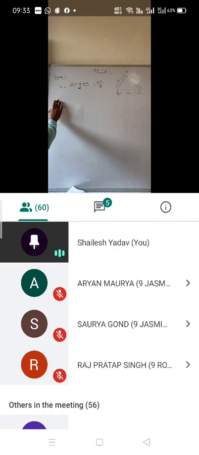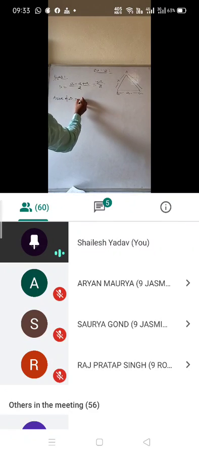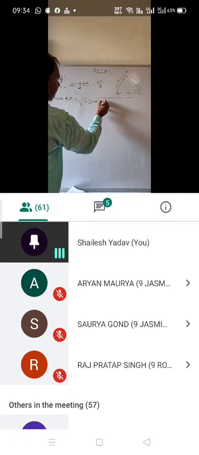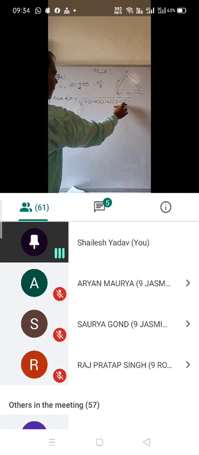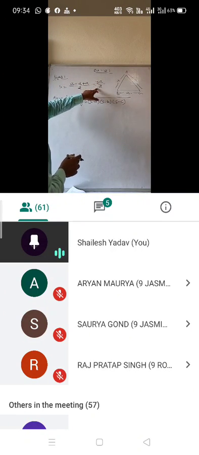Now for the area of the triangle, you will use Heron's formula, that is under root s into (s minus a) into (s minus b) into (s minus c), where a, b and c are the sides of the triangle and s is the semi-perimeter which you calculated here.